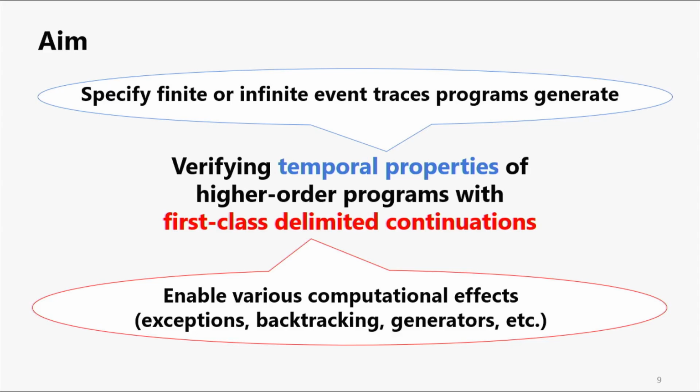Examples of computational effects include exceptions, backtracking, generators, first-order states, and so on. By supporting delimited continuations, we can build a very generic verification framework for programs with computational effects.